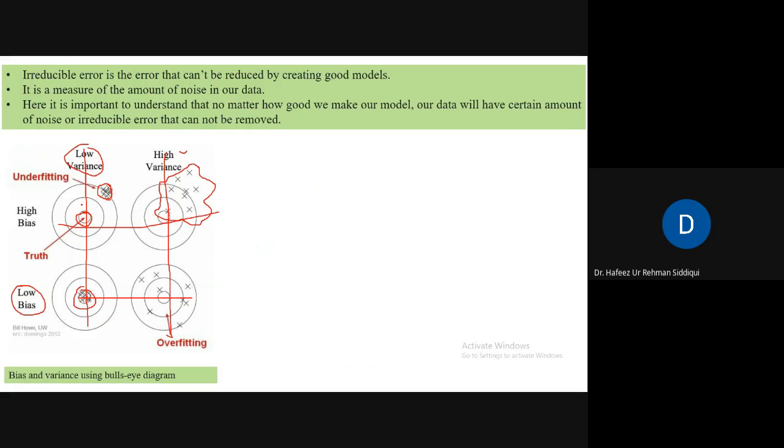So the model should have low variance and low bias, then you will have correct predictions. And if you have high variances and low bias, your predictions will be spread out around the true values.